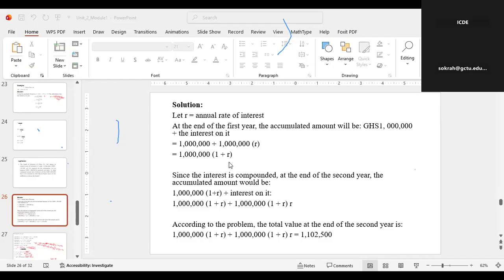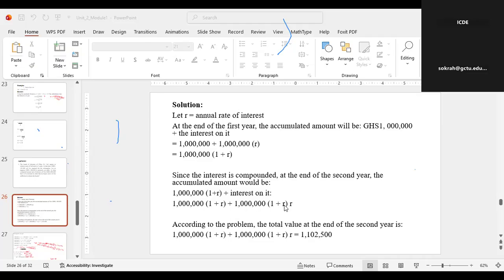So this 1 million into bracket 1 plus R is our new principal for the second year. So we are going to calculate the interest on this new principal and add it to that principal. So that is what you see here: 1 million into bracket 1 plus R, plus the interest on that. And the interest will be the same 1 million into bracket 1 plus R, that's the principal.